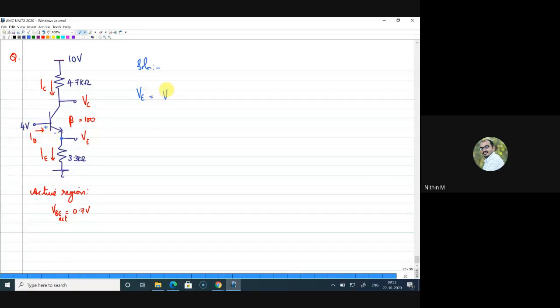So VE is VB minus VBE active, which is equal to 4 minus 0.7, which is 3.3 volts, right? Now since we got this as 3.3 volts, and I know the resistance here, I can find the current IE. IE is 3.3 volts divided by 3.3 kilo ohms. That will result in a current of 1 milliamp, right?